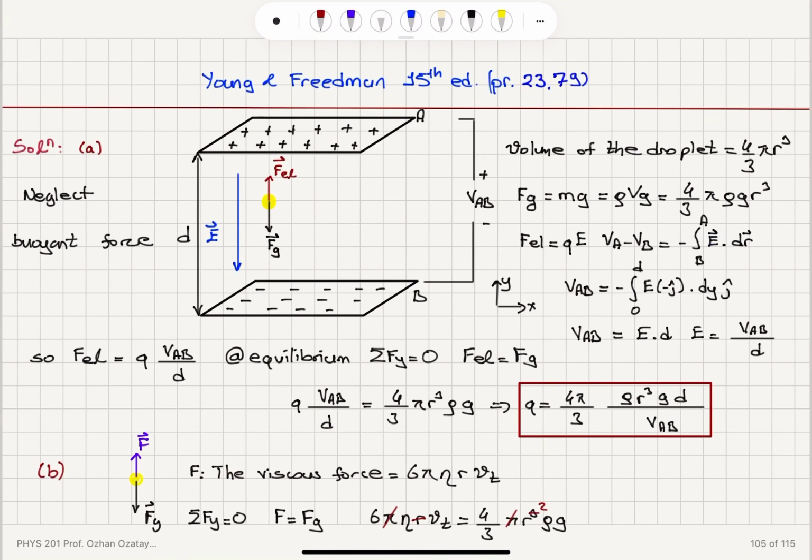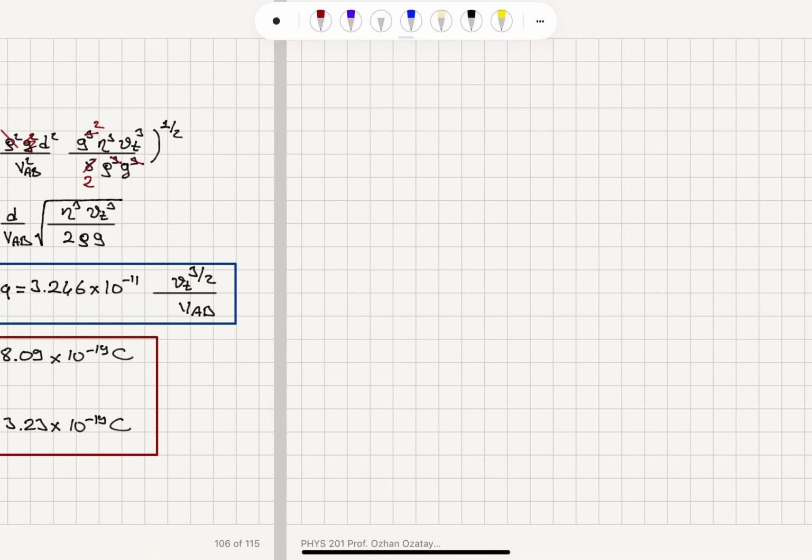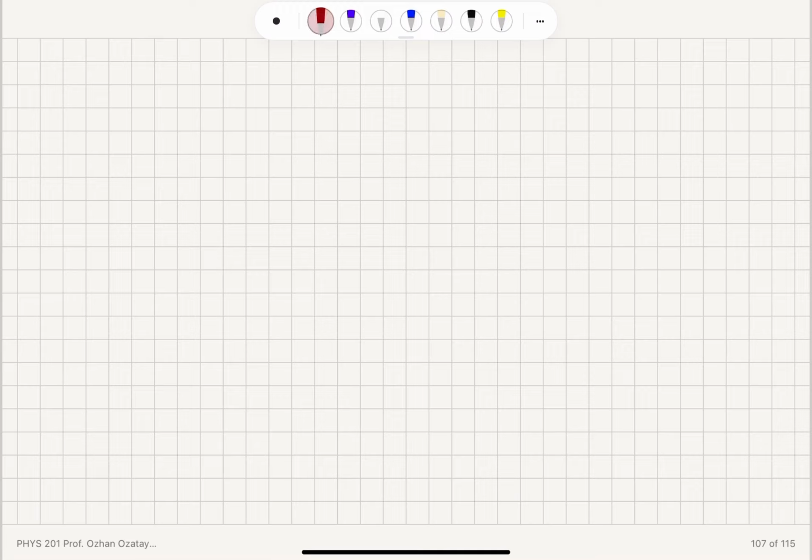So let's see what happens here. In part D, we start with the assumption that the smallest charge, that is the charge of drop 2, is due to 1 excess electron.